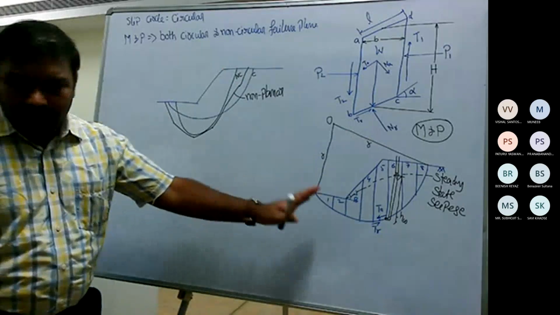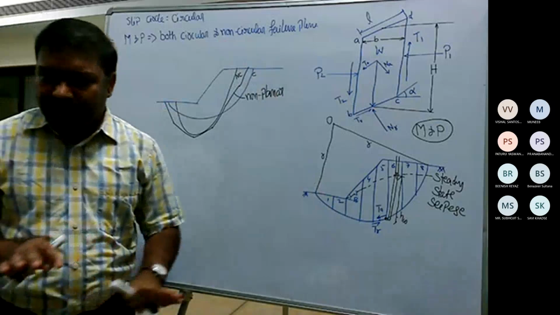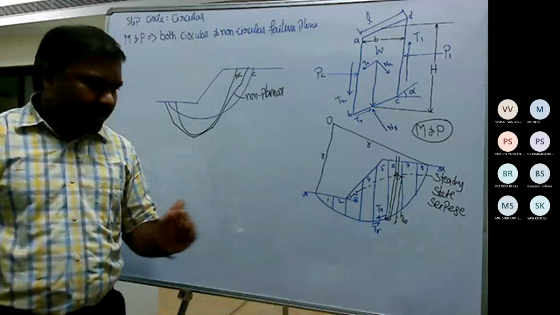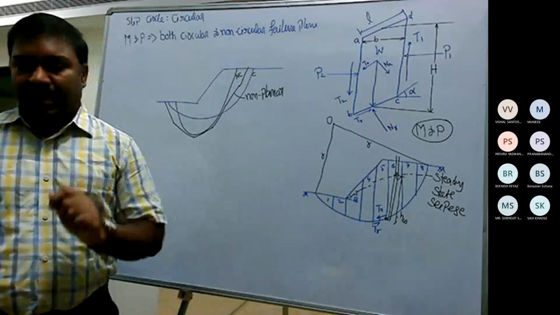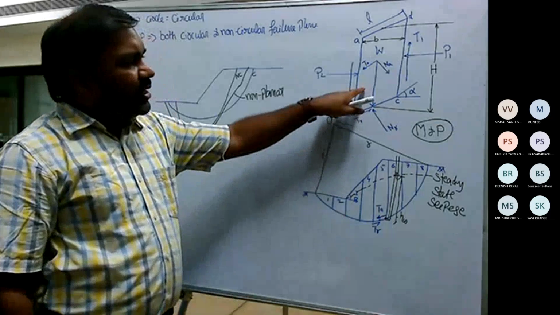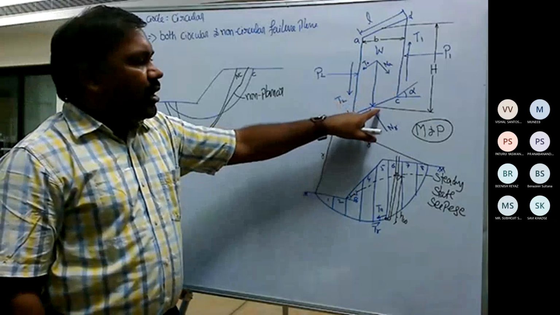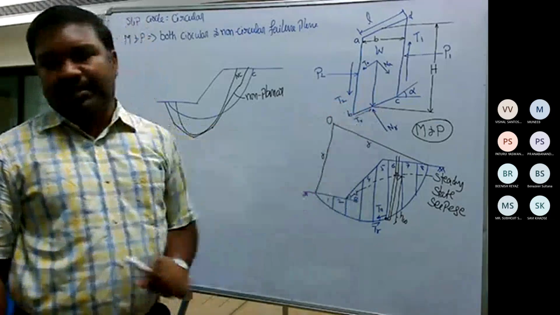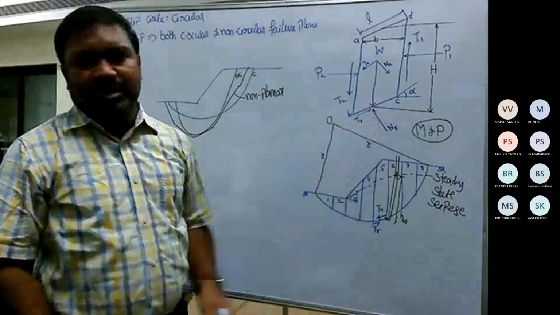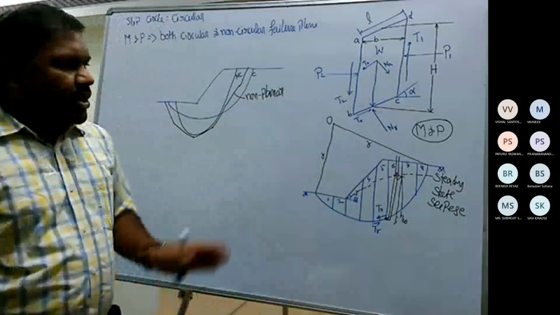So now you understood. In the case of Bishop's method, the assumption is that the failure plane is circular. And more than that, if you take any simple slice of a slip circle, the bottommost width of the slice is supposed to be an arc, but the inherent assumption is that it is assumed as linear.